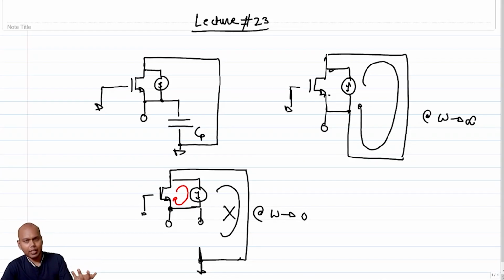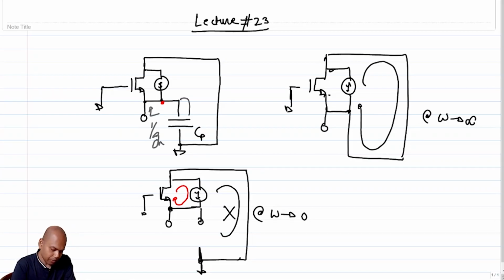Now at omega t, or the gm over Cgs, that is the cutoff frequency where the impedance offered at the source by the transistor is equal to the impedance offered by the capacitor, right? So at omega t, or rather at any frequency, what is the impedance looking this side? This is 1 over gm. What is the impedance looking this side?